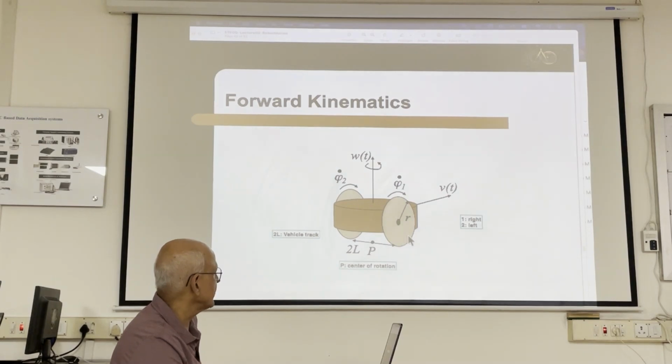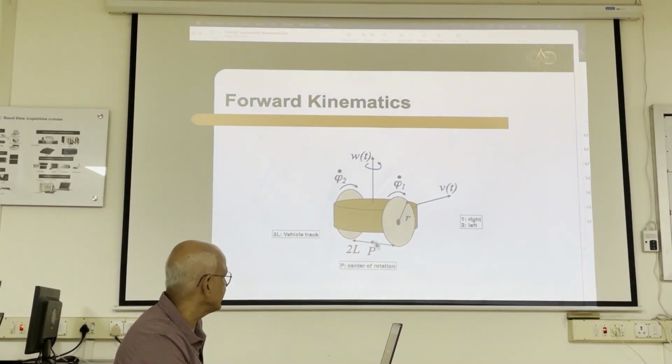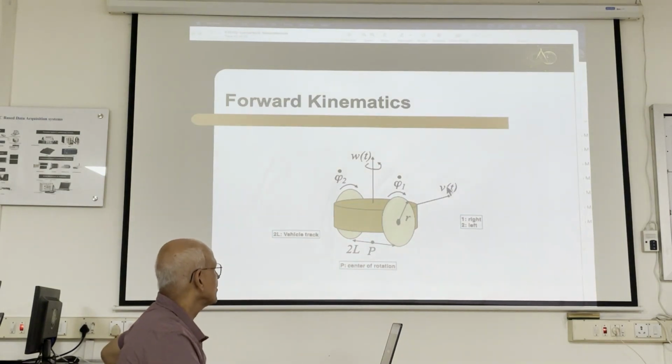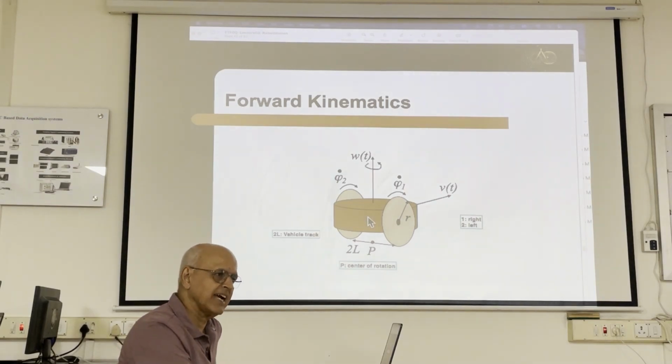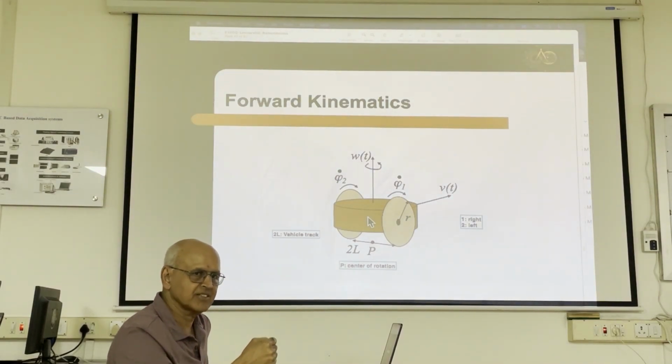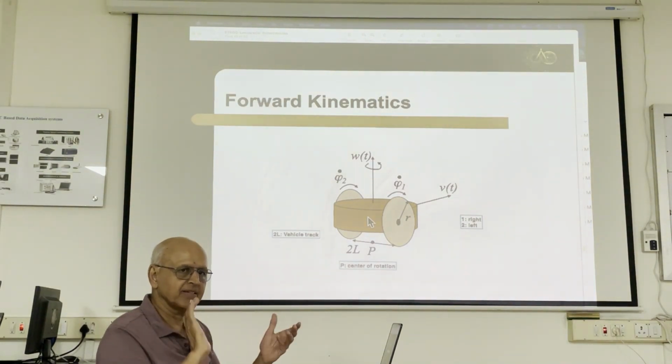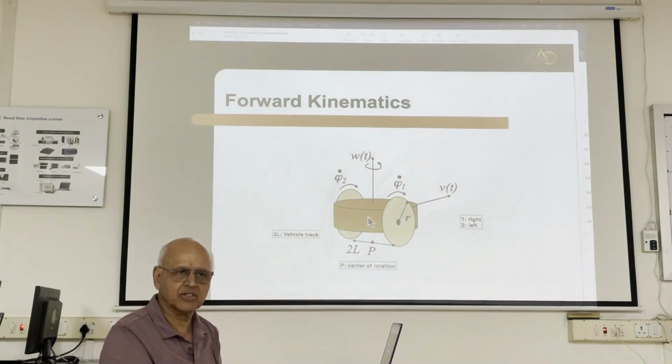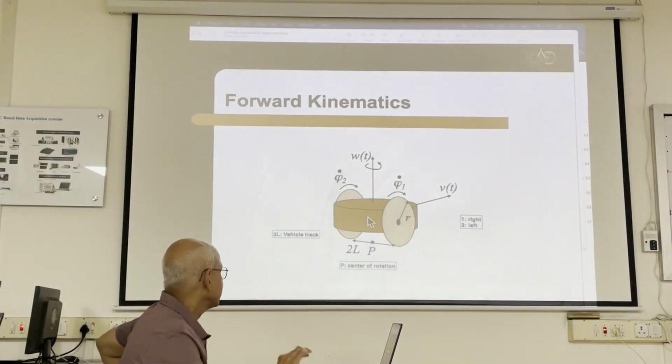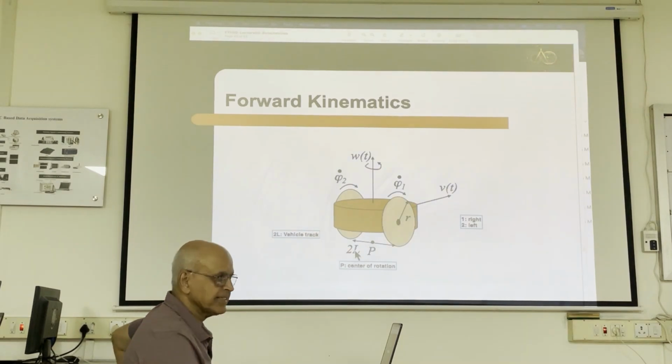So here is a better picture of the differentially steered architecture without the caster wheel. By the way, somewhere here, not on the ground but between the two wheels, is the reference point P. That's where the robot's axis is going to be attached, because that's the point of pivot, so that's the best place to put it. 2L is the spacing between the wheels.